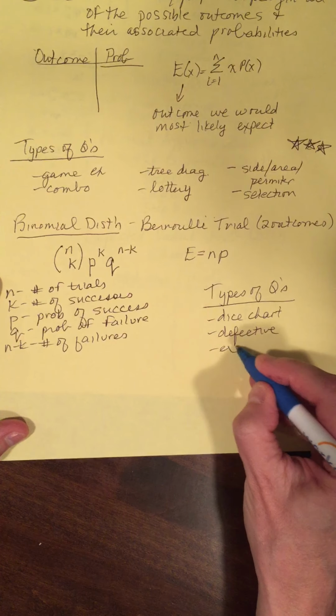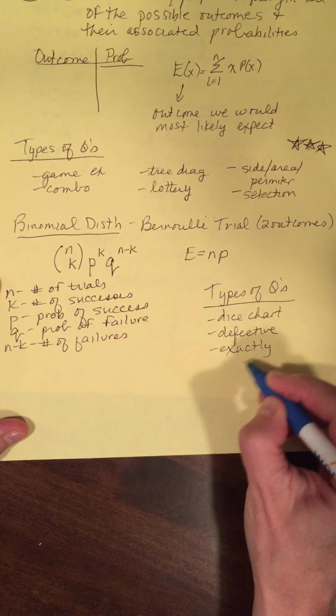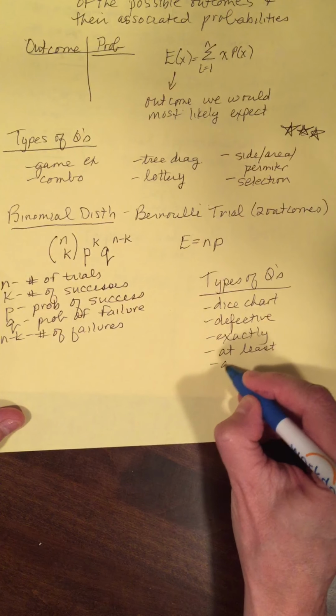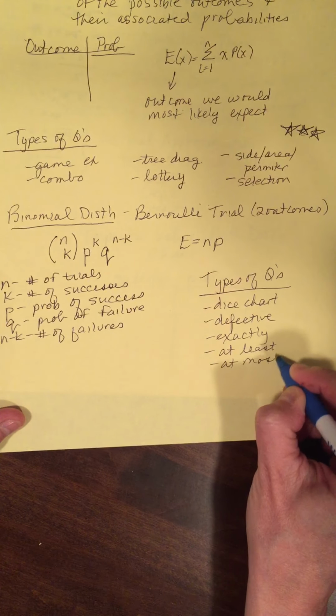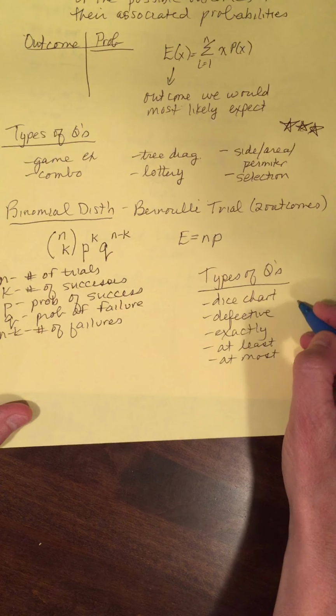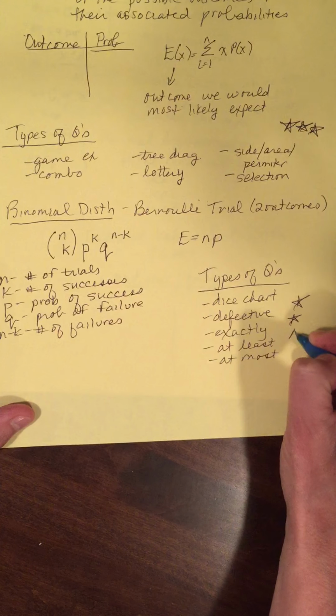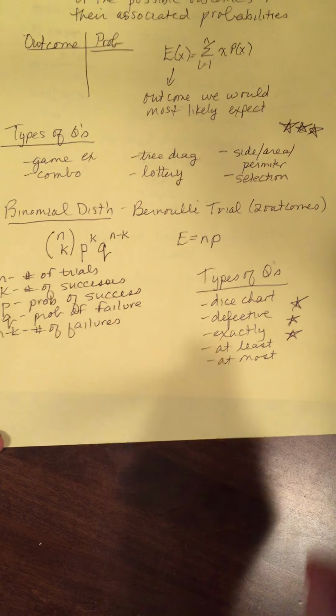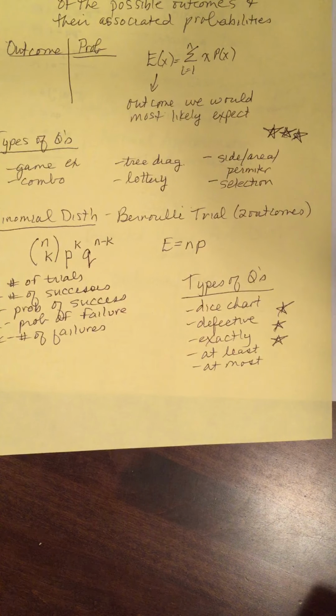The words exactly, at least, at most. Just a variety of series of words. And I would probably, again, with Bernoulli, expect for sure 3 questions. I think that's fair. So the first 2 topics could account for about 6 questions on your test.